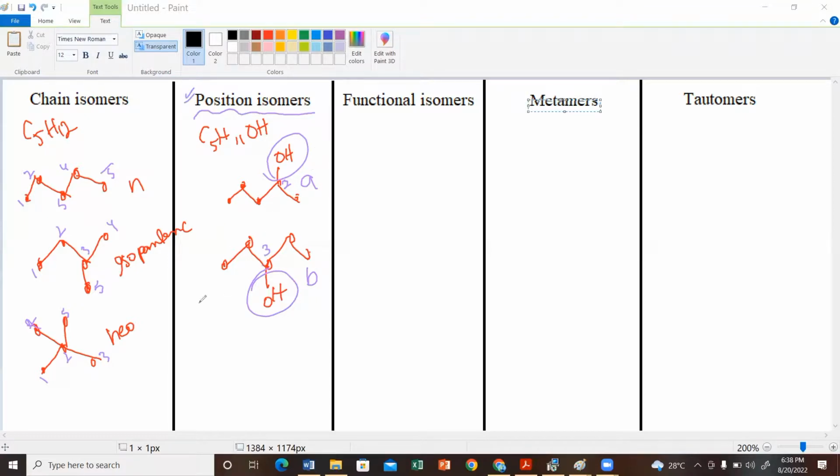If we take another example of position isomer, that could be C4H9Br.